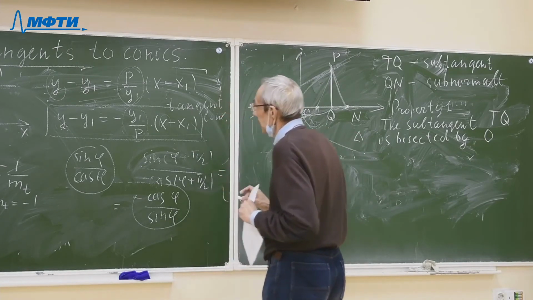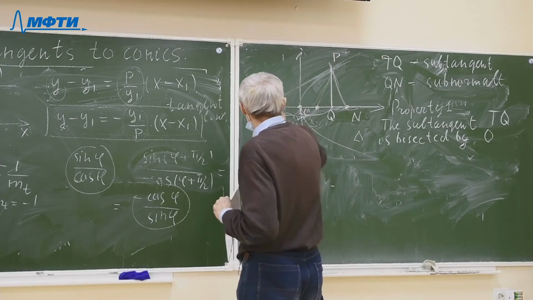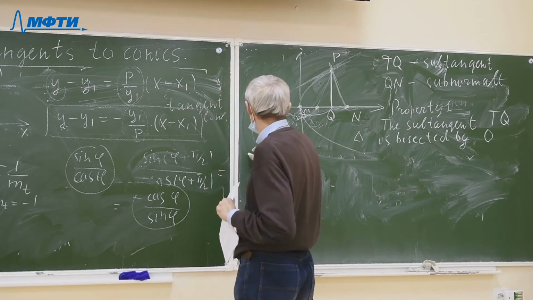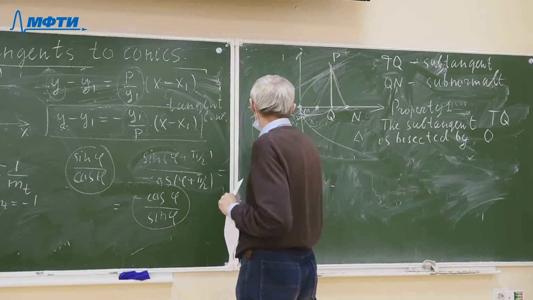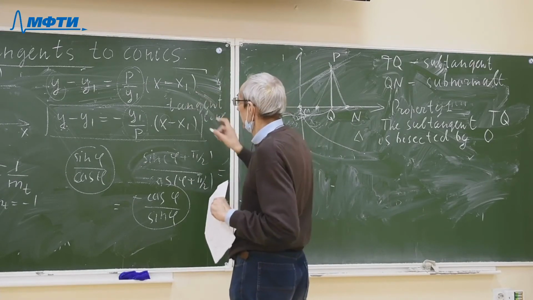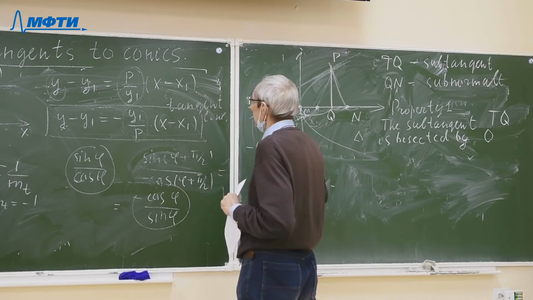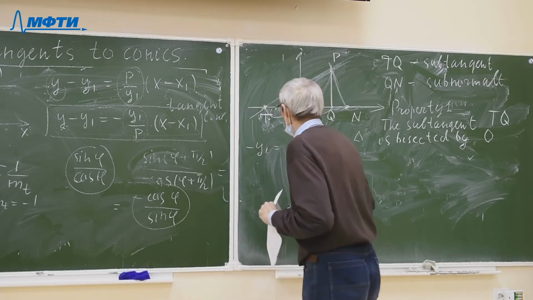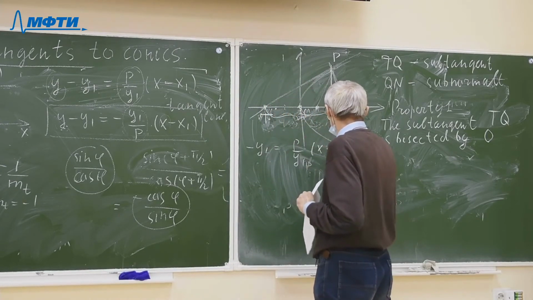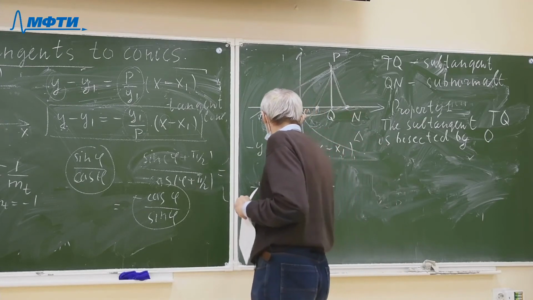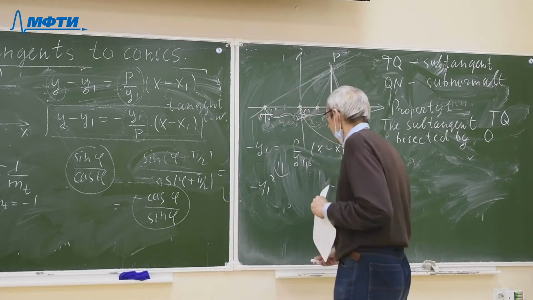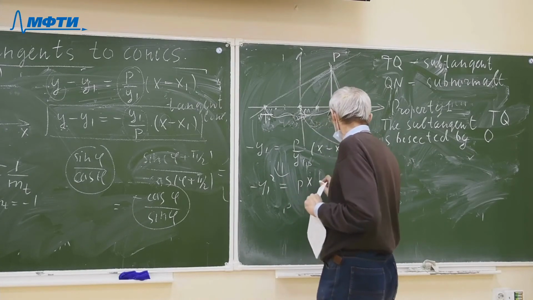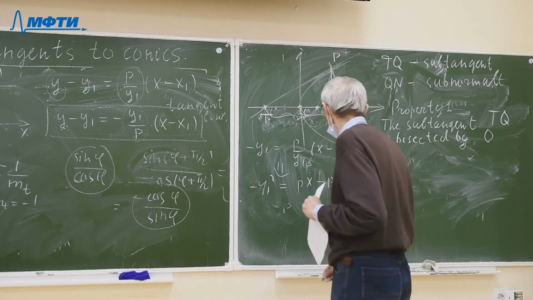Let's repeat our calculation. The point T has the coordinate x. From this equation we obtain minus y1 is equal to p divided by y1 times x minus x1, and we obtain minus y1 square is equal to px minus px1.